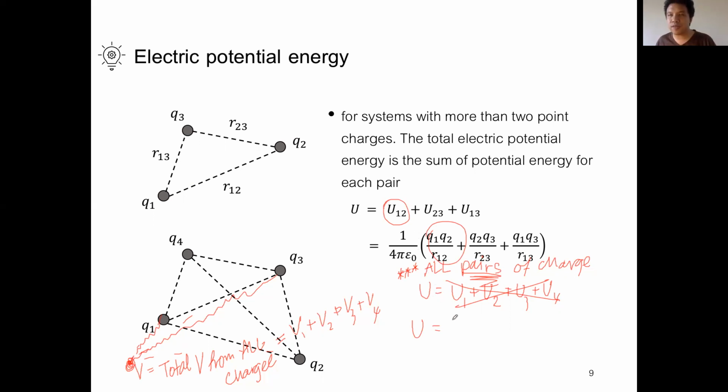So here in the four-charge system I need U12, U13, which is the potential energy between these two, and then U14, according to the dashed line, which is the potential energy between 1 and 4. And not only that, we need all unique pairs: 2-3, 2-4, and 3-4. So here it should consist of 6 terms.